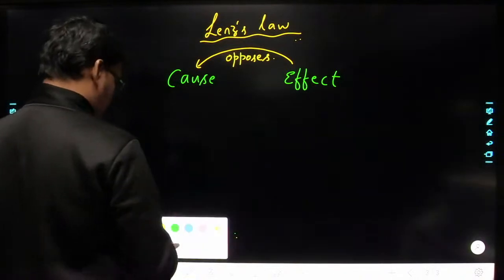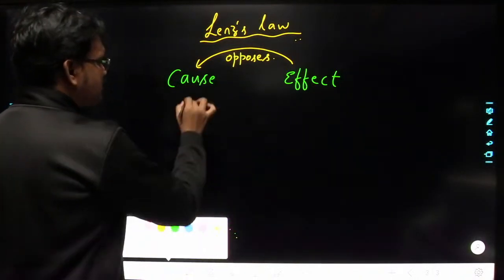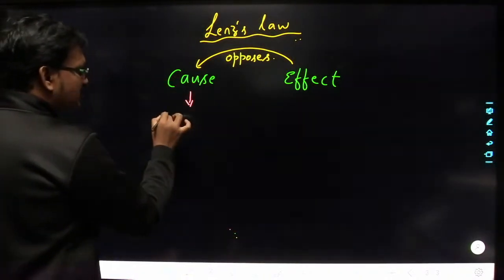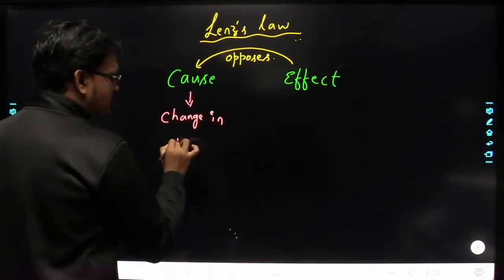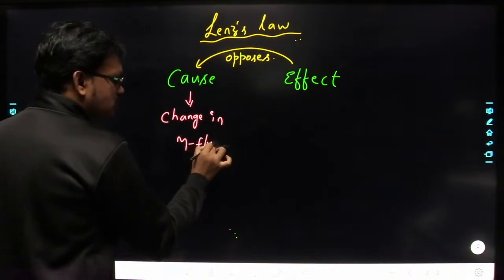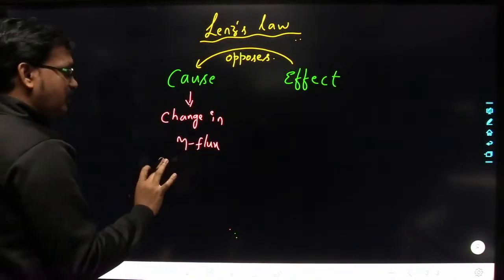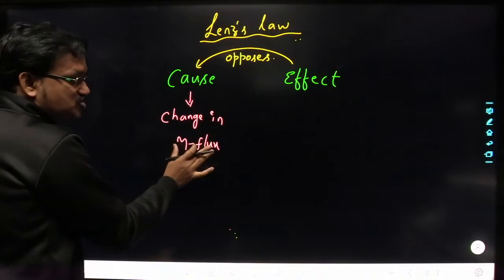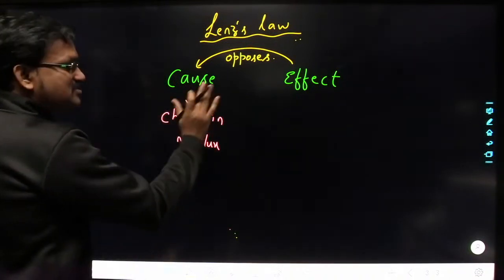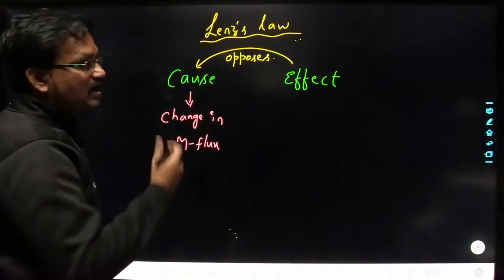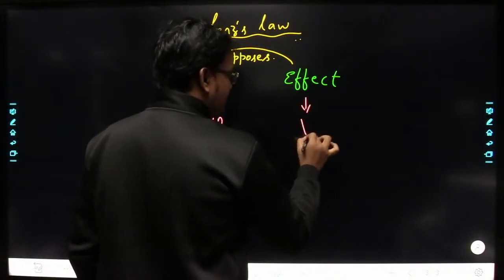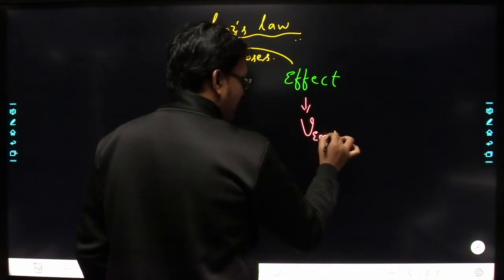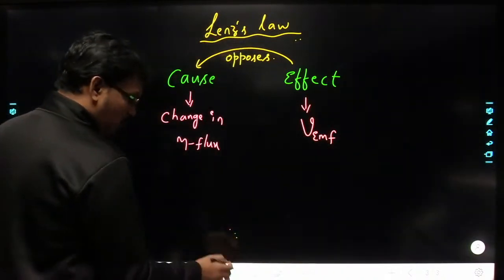Now, what is the cause here? The cause is nothing but the change in magnetic flux. Whenever there is a change in magnetic flux, the effect we observe is that an EMF is induced around the closed loop.